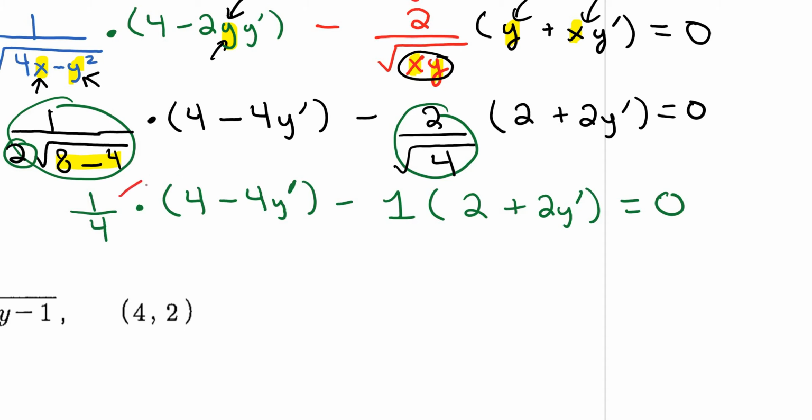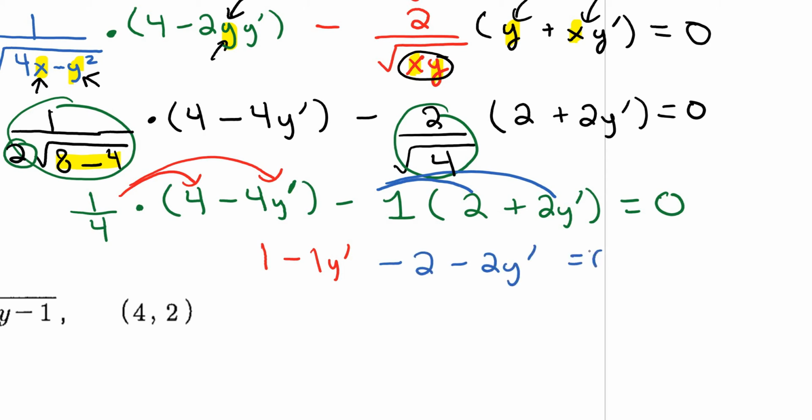So if I distribute the 1/4 into the brackets here, I will get 1 minus 4, sorry, made a mistake. There's actually 1 minus y prime. So 1 minus y prime. And then if I distribute this minus 1 into these brackets, that will be negative 2 minus 2y prime equals to 0. And slowly we are getting to the final result here, and now I need to collect like terms.